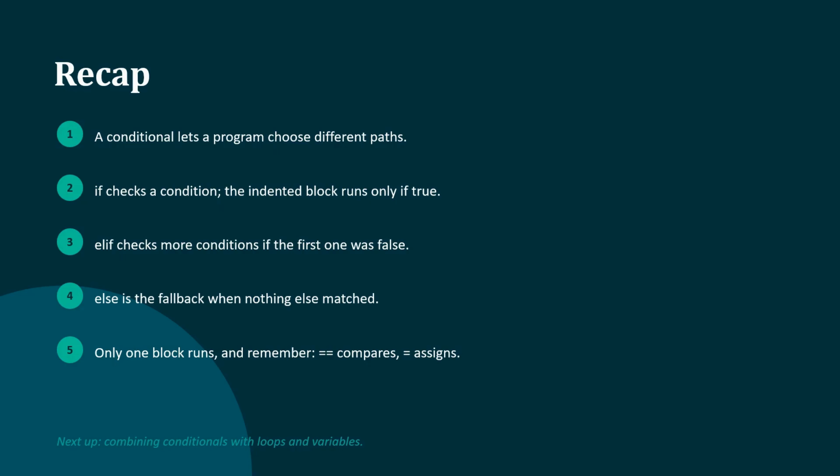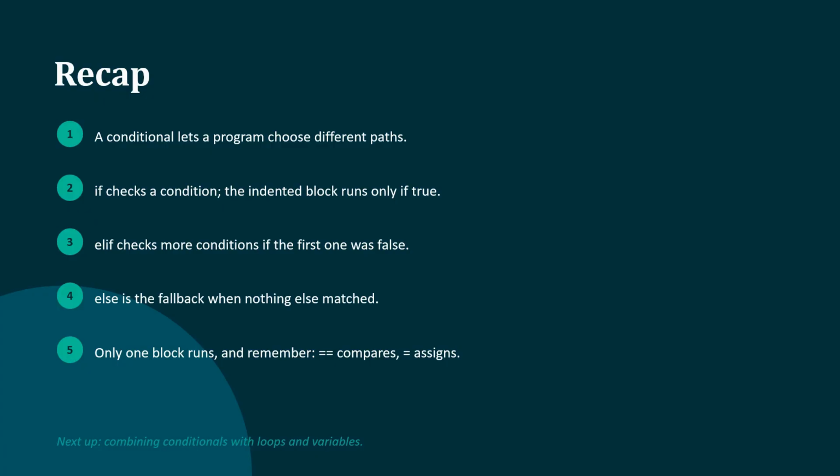If any matches, it just runs that block and goes on with the other part. Fourth, else is the fallback when nothing else matches. As I've told you, in the case of if, elif, if none of the conditions are satisfied, it just goes with the else part.